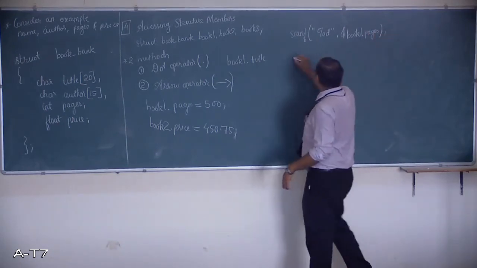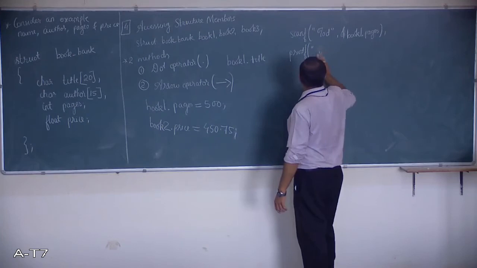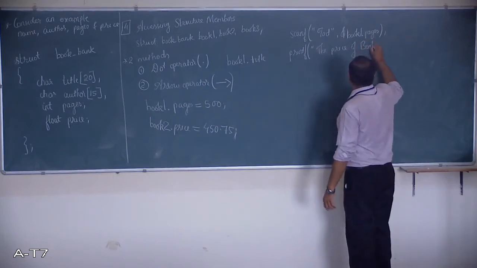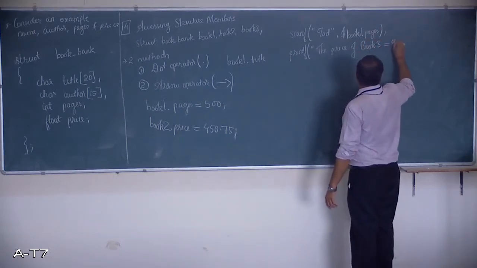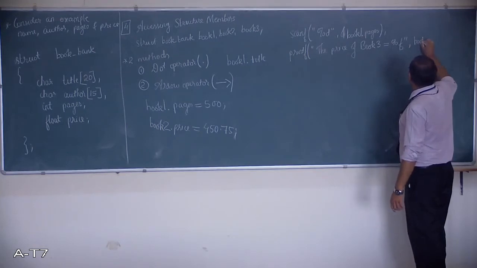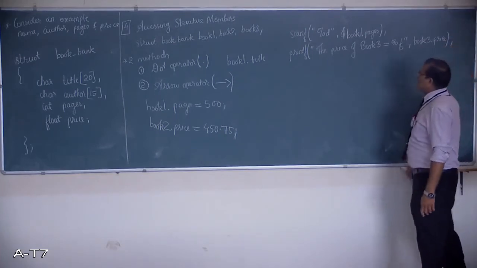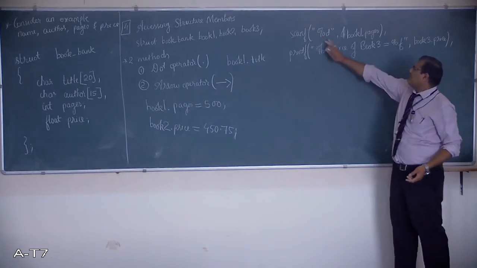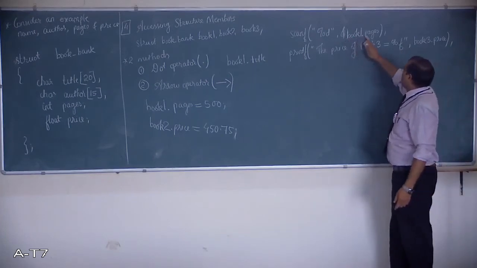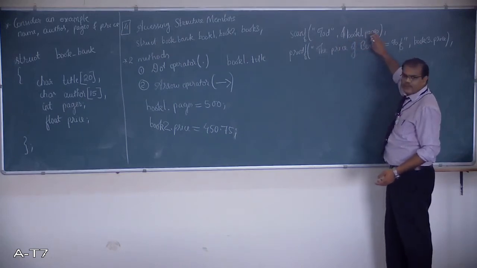Similarly, in the printf statement, I will have it in this fashion. %d is for integer, %f is for floating point, and for book1 dot pages, we read it the way we do for a normal integer variable with the ampersand symbol, only with the variable name, dot operator and the member.